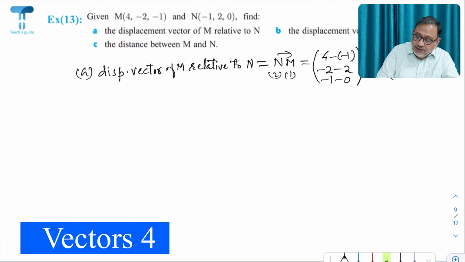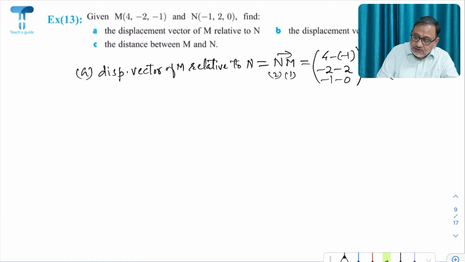So finally I get 4 plus 1, 5; minus 2 minus 2, minus 4; and minus 1. So 5, minus 4, minus 1. This is the displacement vector of M relative to N.